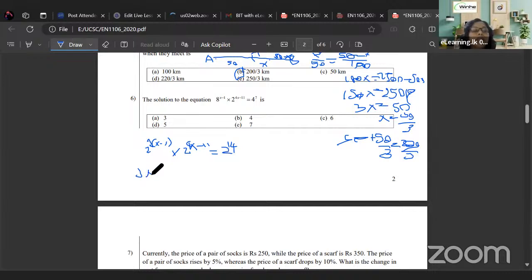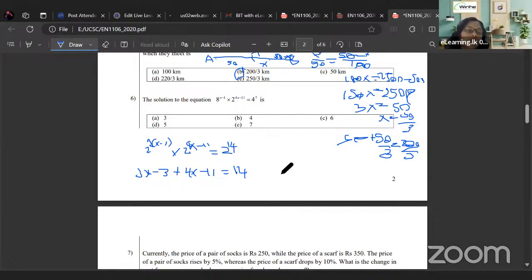3x minus 3 plus 4x minus 11 equal to 14. Now if you solve this, 3x plus 4x is 7x, and minus 14 goes over.